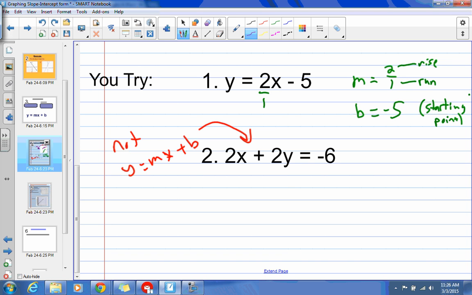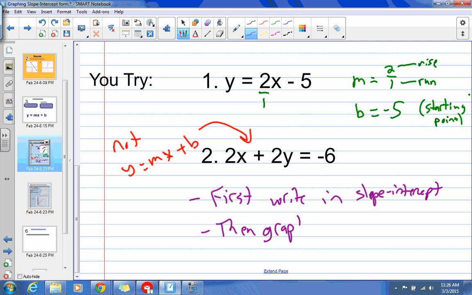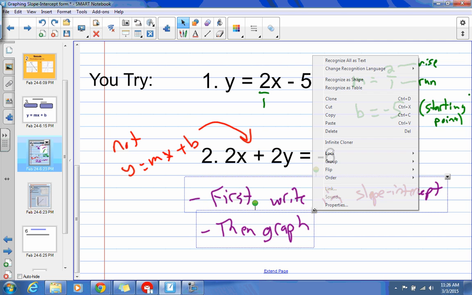You can find the intercepts like we've learned, but to do it this easy way with the slope and the y-intercept, you have to first write it in slope-intercept form, and then graph. So first you'd have to write it in slope-intercept form, and then you can graph it.